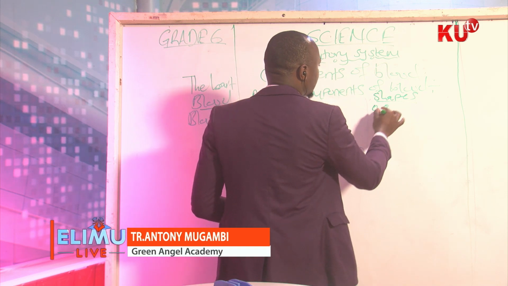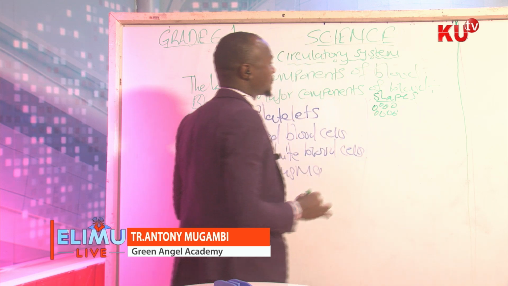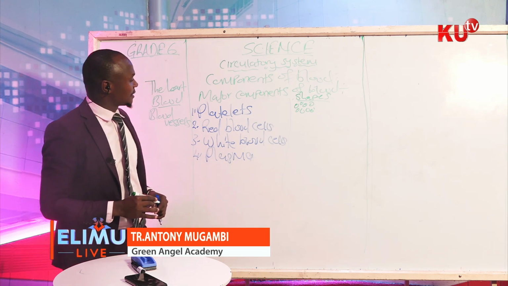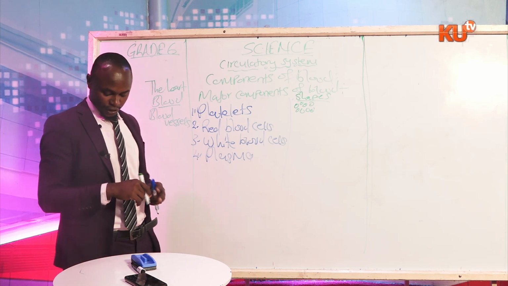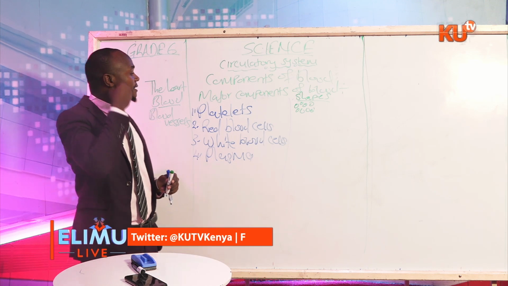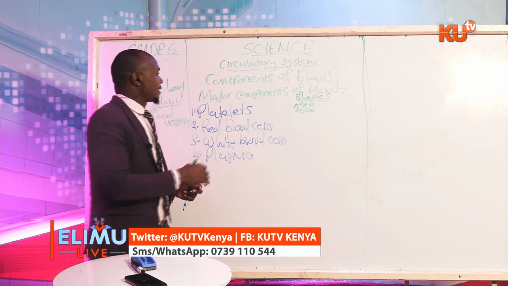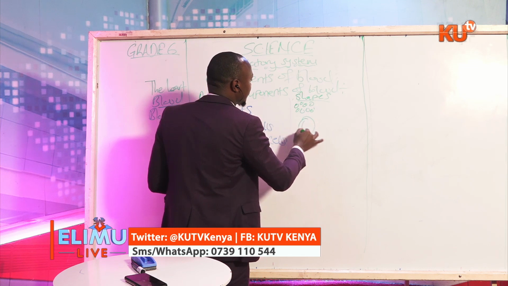They look like these. These ones are the platelets. The red blood cells are normally circular in shape. We normally say that it is disc-like in shape.